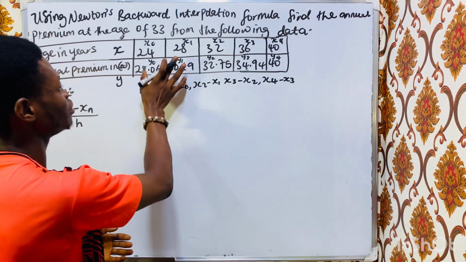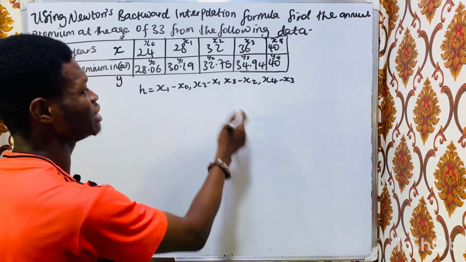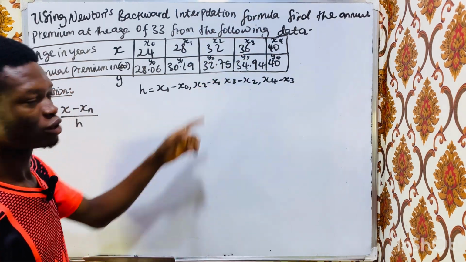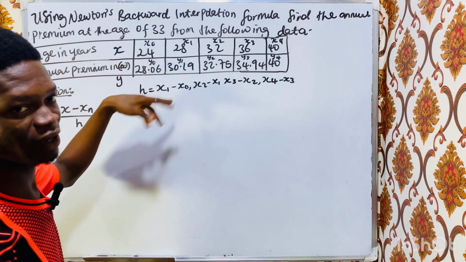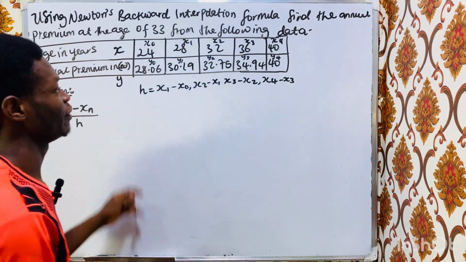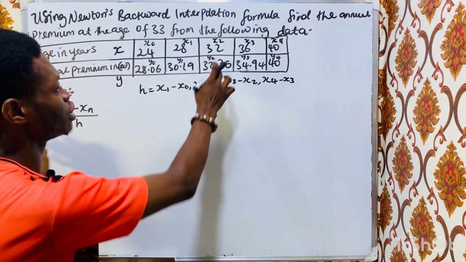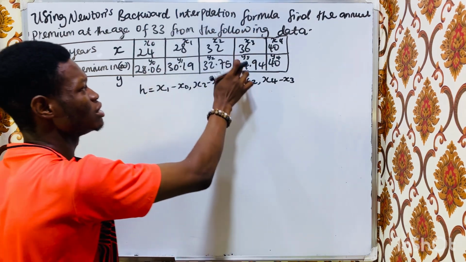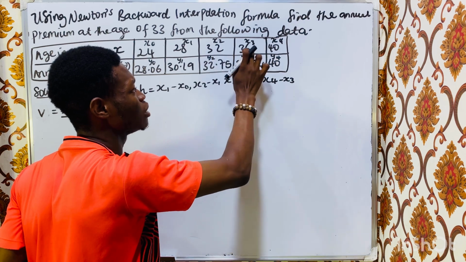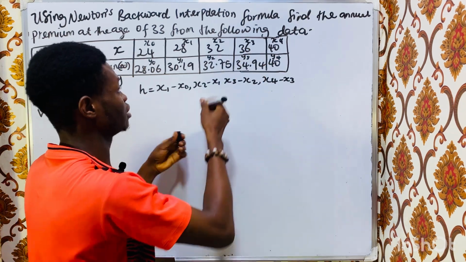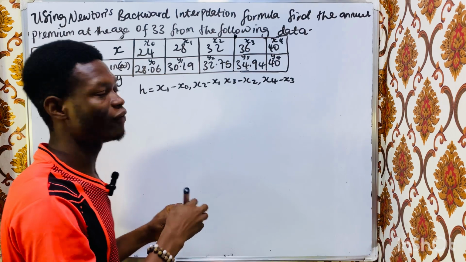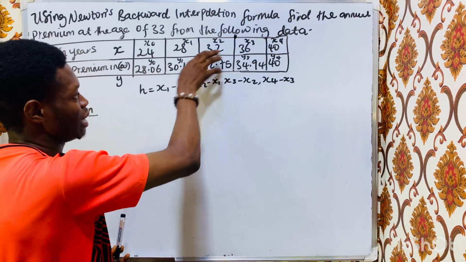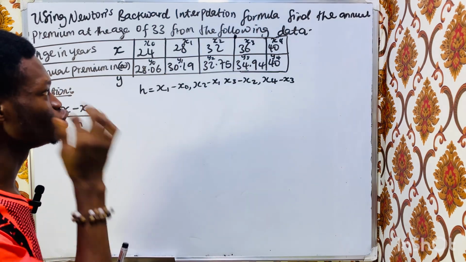Take these 1, 2, 3, 4, 5 values. The middle is 32. That's the center of these x values, the independent variable. The value to be interpolated is 33. Where does it lie? 33 lies between 32 and 36, so it lies at the back of the center. Therefore we are going to use Newton backward.